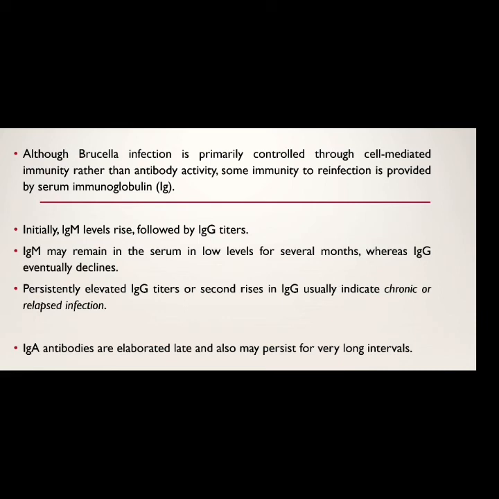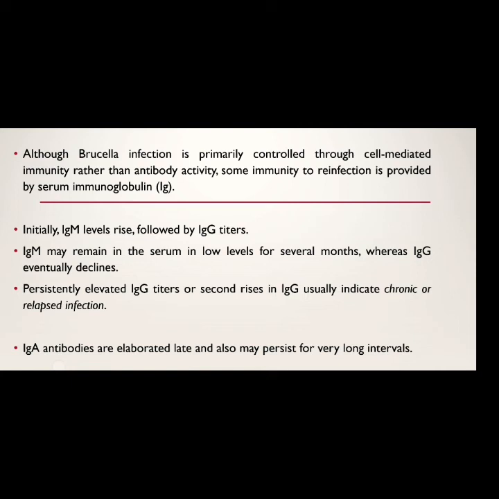Initially, immunoglobulin M levels rise, followed of course by immunoglobulin G titer. Immunoglobulin M may remain in the serum at low levels for several months, whereas immunoglobulin G eventually declines. Persistently elevated immunoglobulin G titer or a second rise in immunoglobulin G usually indicates a chronic or relapsed infection.